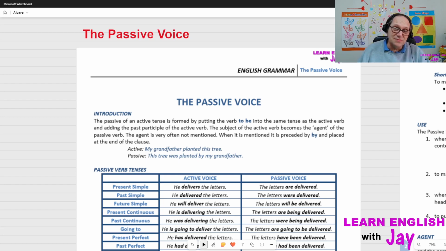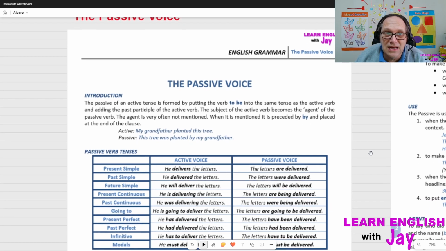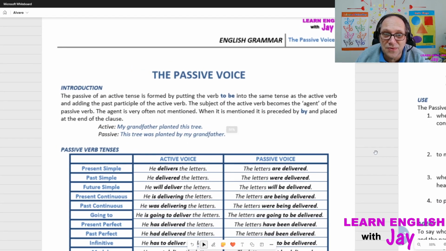A lot of times, the passive voice is a confusing part of grammar. Oh my goodness, it's even confusing for me to talk about it. But it is actually quite useful, and quite an important part of English grammar.